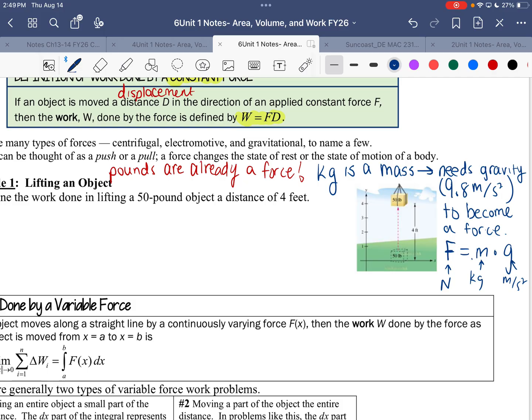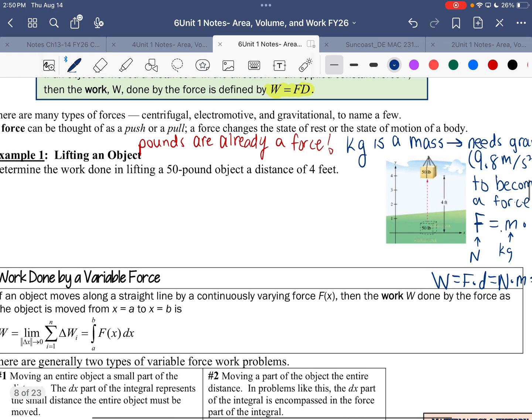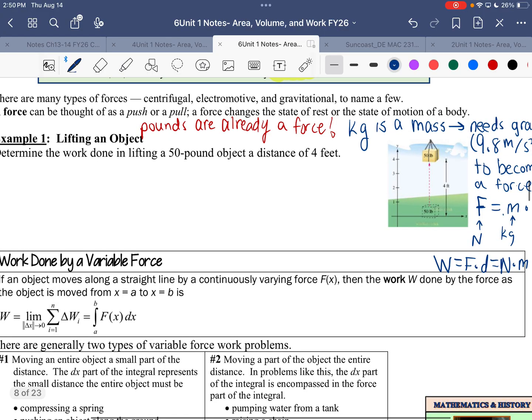And if we're doing work, while we're talking about units, work is force times displacement, so the units are newtons times meters, which is called joules. Joules. Fun facts for your life.